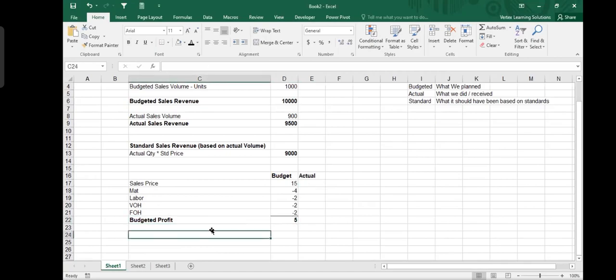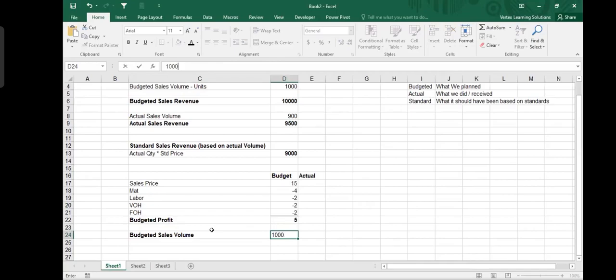So you have budgeted sales volume, and budgeted sales volume is, let's suppose, 1,000 units. And you will have budgeted profit. Budgeted profit is this one.